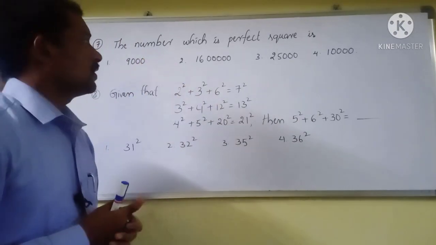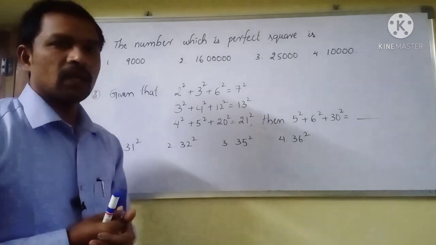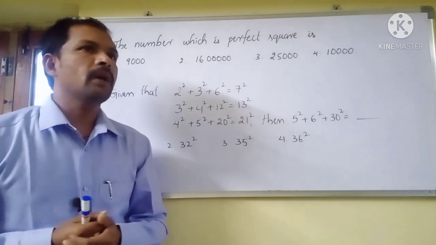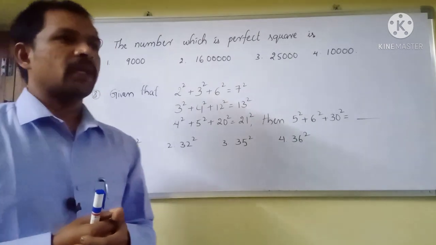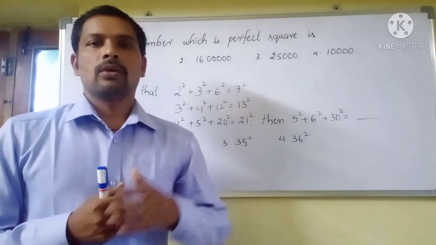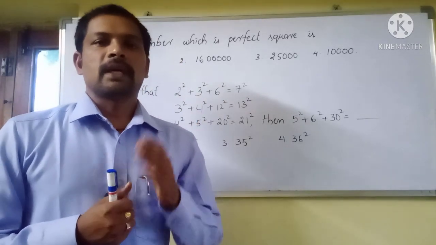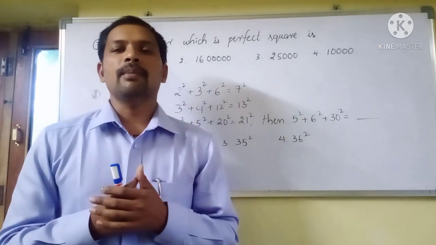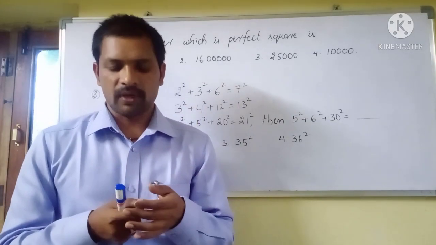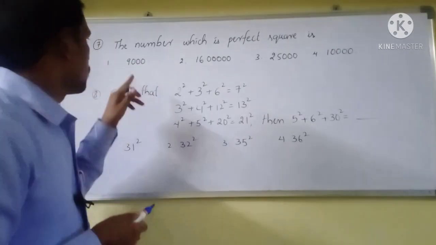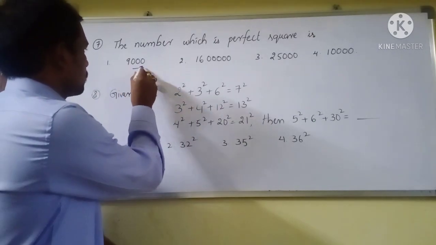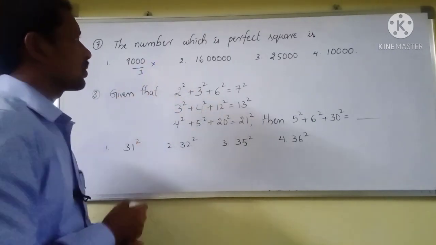The number which is a perfect square is. So in the properties, numbers having an odd number of zeros cannot be perfect squares. Here 3 zeros, so this is not a perfect square.